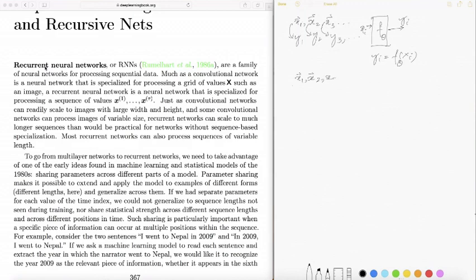These are x1, x2, x3. You can think of them as the readings of a time series. So that's x1, that's x2, x3, and so on, up to x tau.